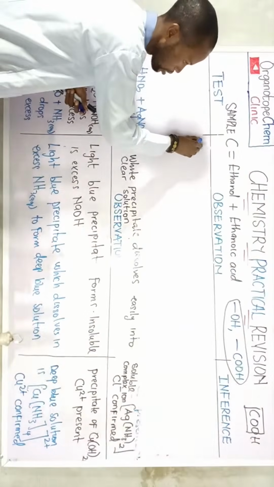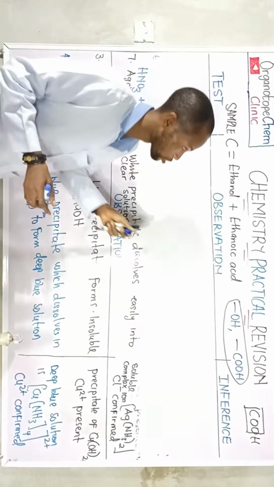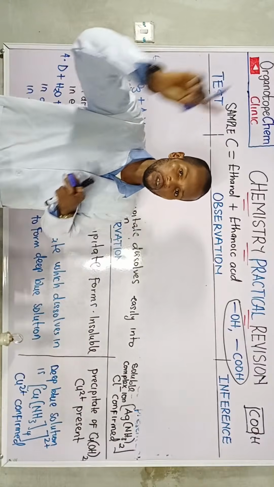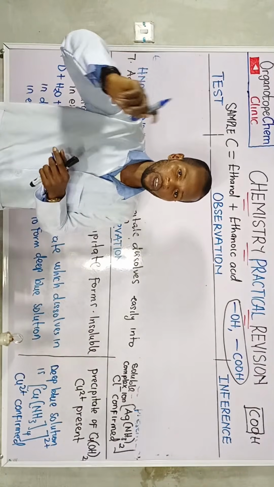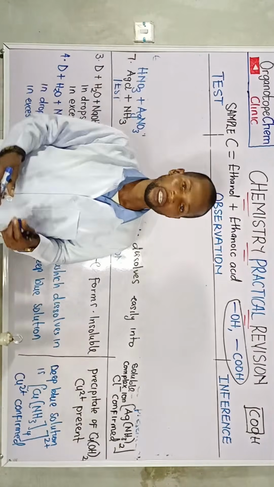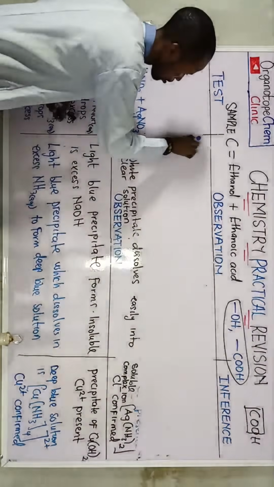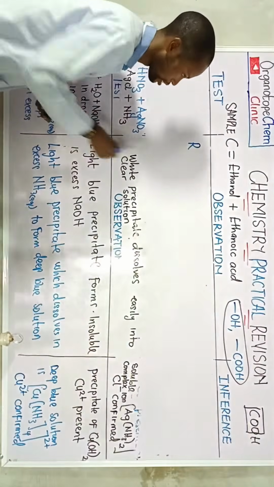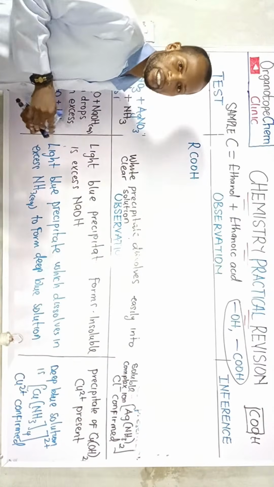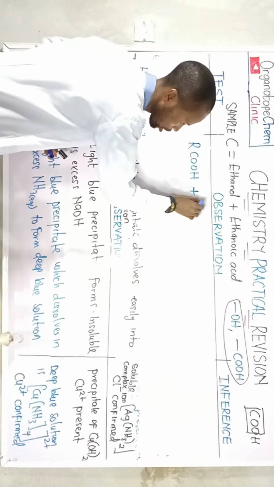Assuming we want to conclude on the compound, we do not know the number of carbon atoms linked to the carboxylic acid functionality, so we can generalize the alkyl group connected to it. The alkyl group is denoted as R. Now we have the carboxylic acid functionality, that's RCOOH. Then we reacted it with sodium hydrogen carbonate.